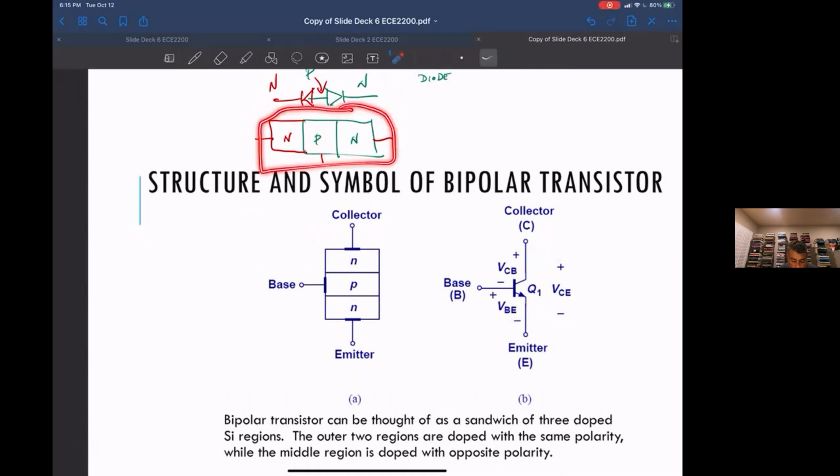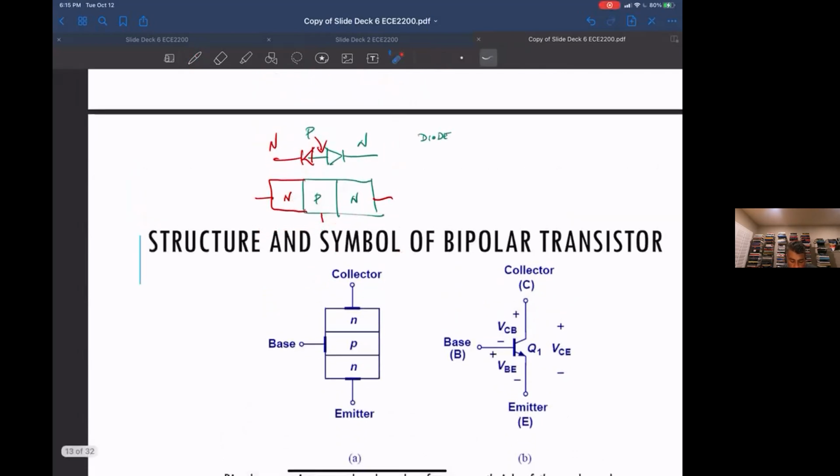So you can't just take two individual diodes and connect them back to back and get a transistor out of it. That's not how this works. That's where the analogy falls apart. These two junctions are communicating heavily with each other, and that's how you get the transistor action.